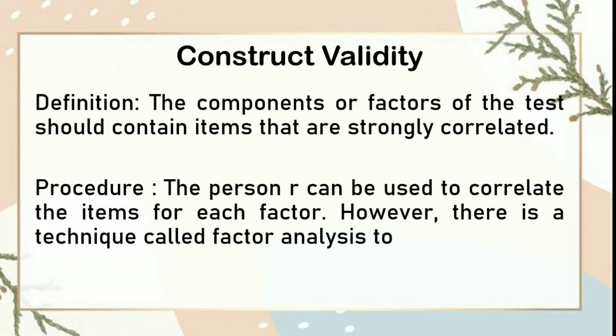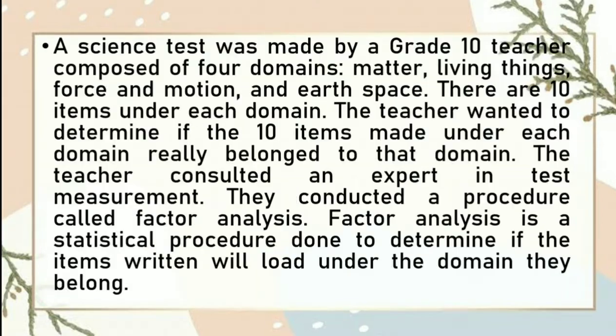Let's move on to construct validity. Construct validity means the components or the factors of the test should contain items that are strongly correlated. The procedure is that the Pearson r can be used to correlate the items for each factor. However, there is a technique called factor analysis to determine which items are highly correlated to form a factor.